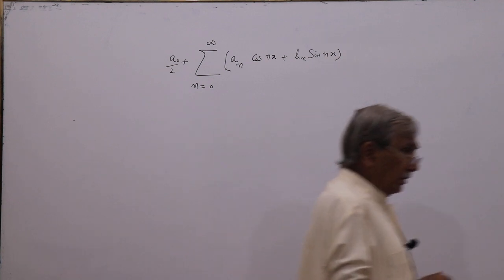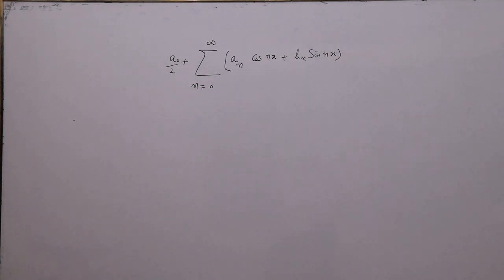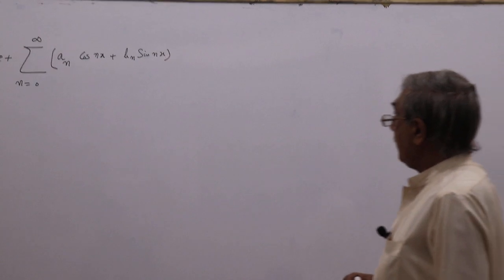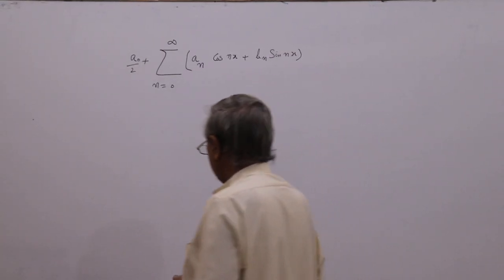Under normal conditions it is a trigonometric series, because you can see that there are cosine terms and sine terms. We don't call it a Fourier series, but under certain conditions it becomes a Fourier series.